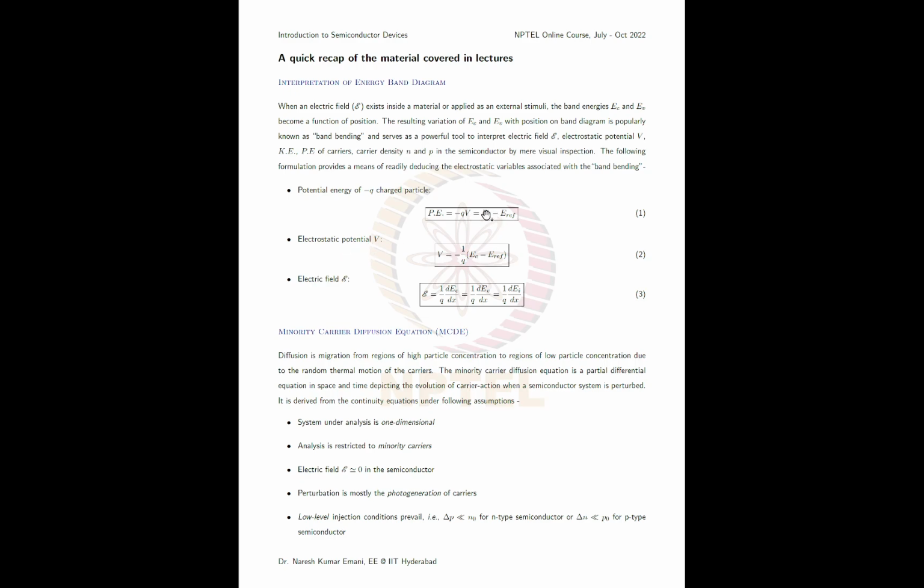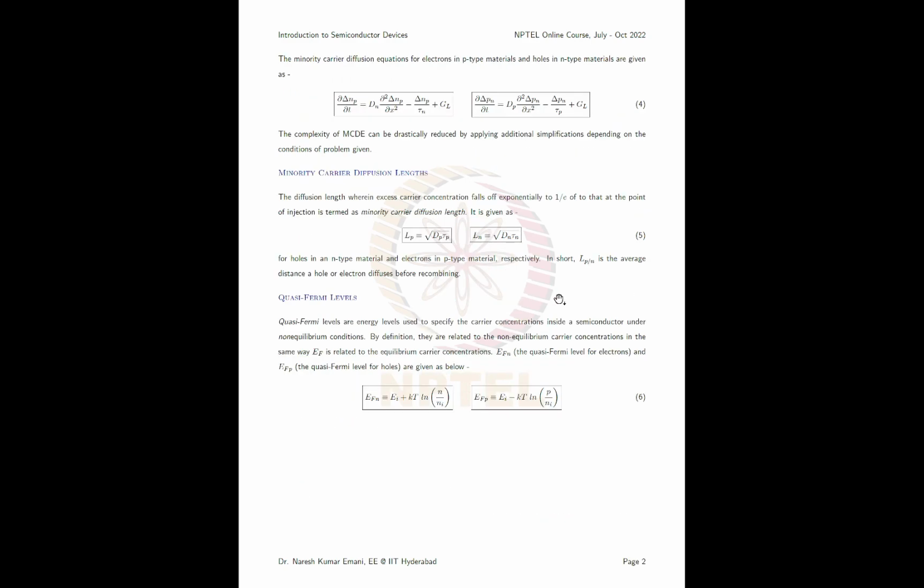So you can get the electrostatic potential V equals minus 1 by q (EC minus E ref), and the electric field is then given as 1 by q del EC by del x, which is 1 by q del EV by del x, or 1 by q del Ei by del x. So for any of the bands you can take the derivative with position and you can get the electric field.